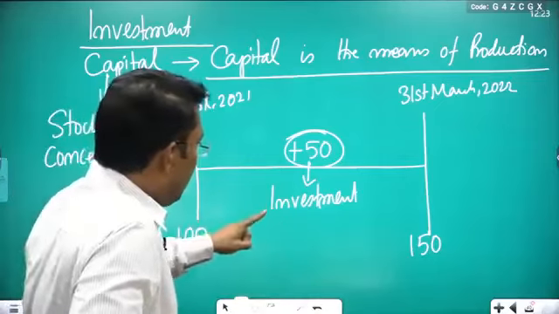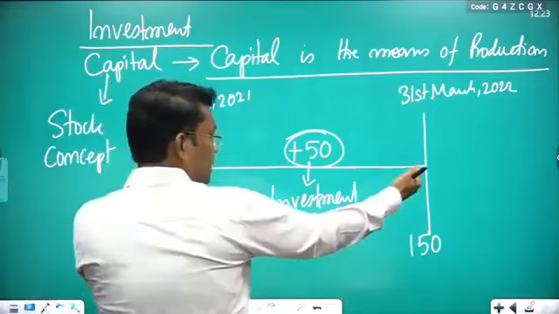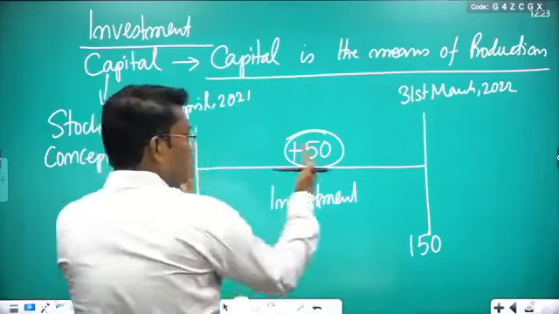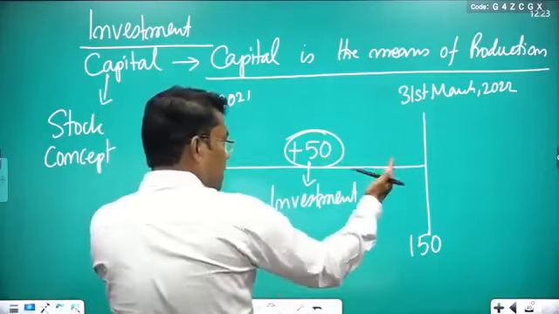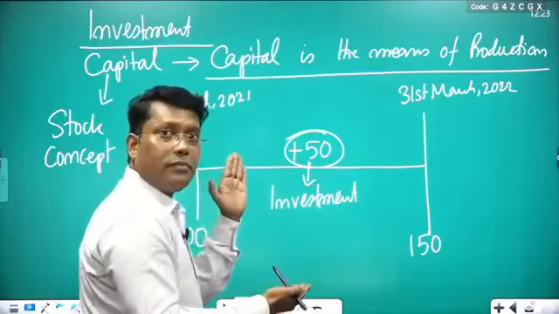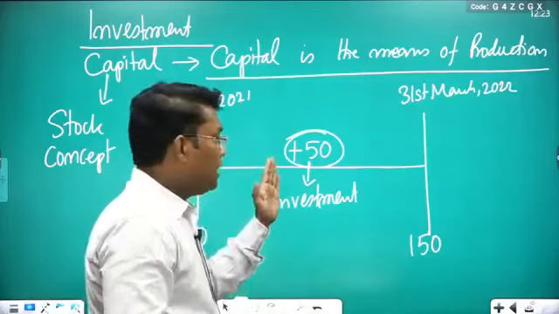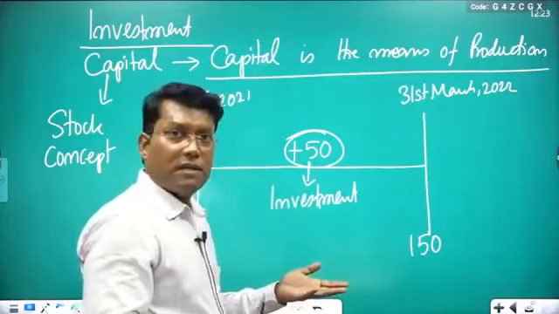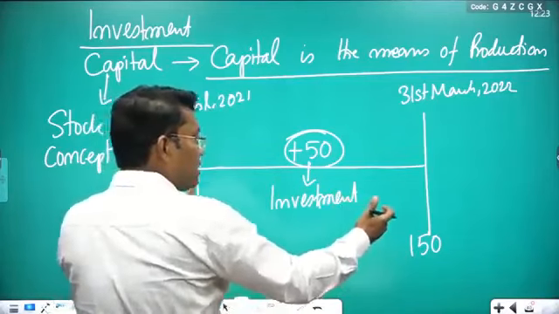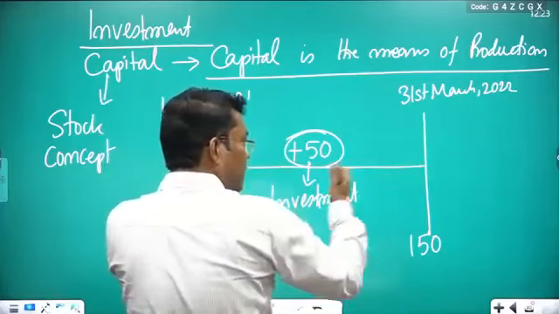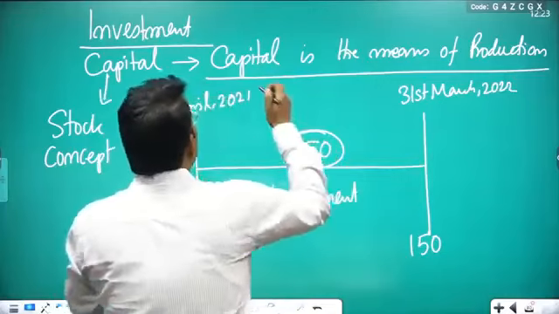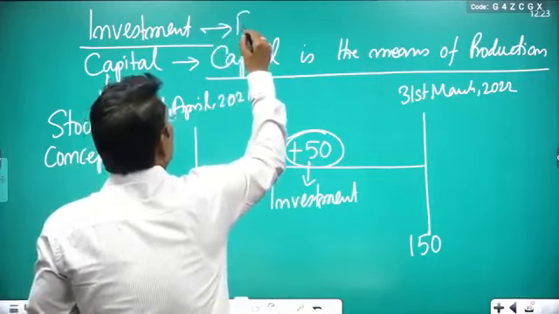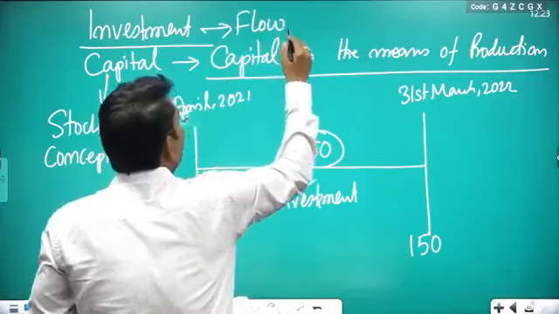So you understand, investment you are measuring between these two periods, 1st April to 31st March. During this period, how much increase there is, that is what you call investment. So when you measure during a period of time, it is known as the flow concept.